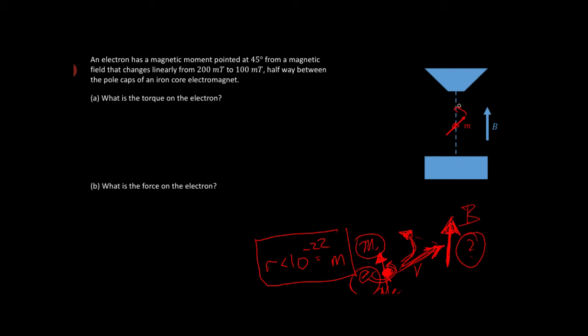So here I've got a field that's going to be non-uniform, but the magnetic moment is going to try to point in the direction of the magnetic field. And if it doesn't point that way, it'll have a torque around there.